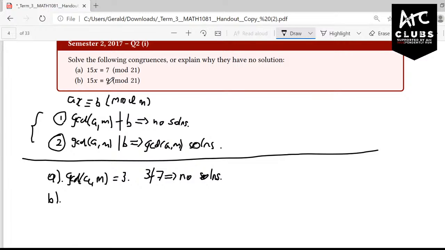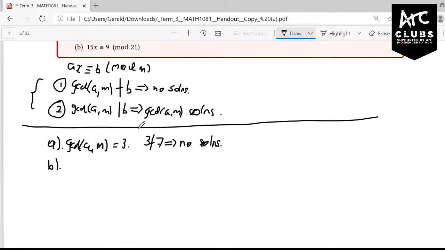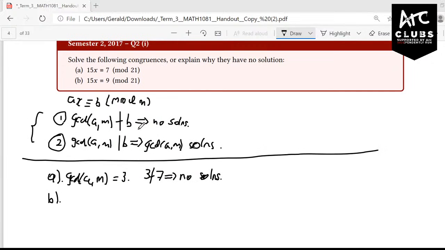Now, to find your solutions, the first thing I always like to do is to break it down into the simplest case. Here we can clearly see that 3 divides every single number here. So let's just divide everything by 3, and keep in mind that we do have 3 solutions.